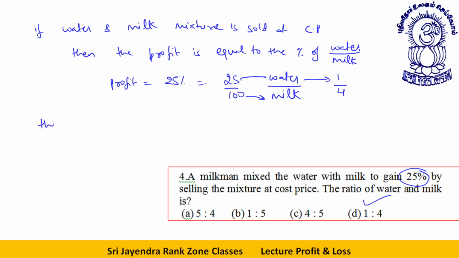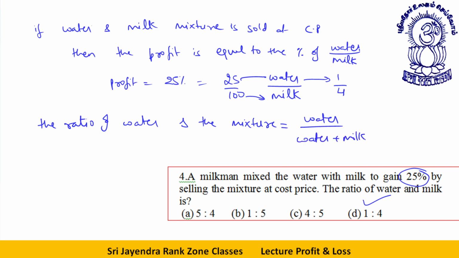If somebody asks me the ratio of water and the mixture, that will be water upon water plus milk, that will be 1 upon 1 plus 4, or 1 by 5.